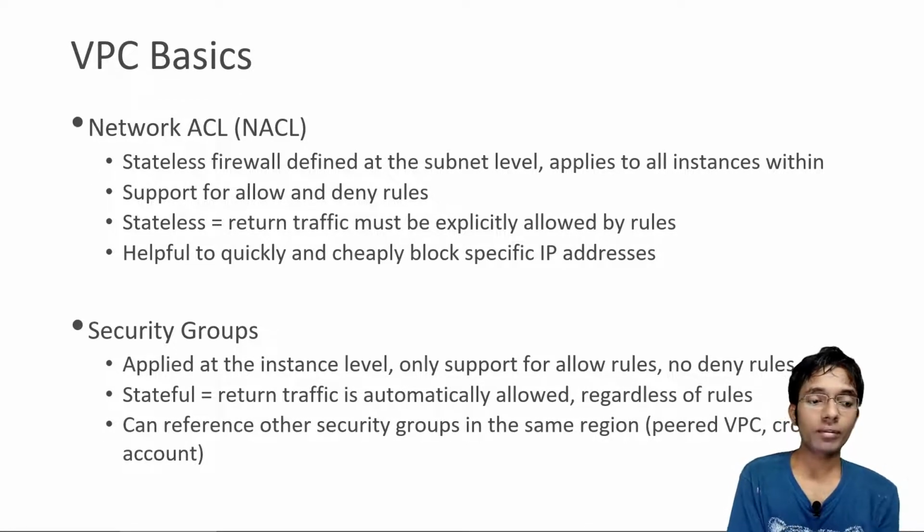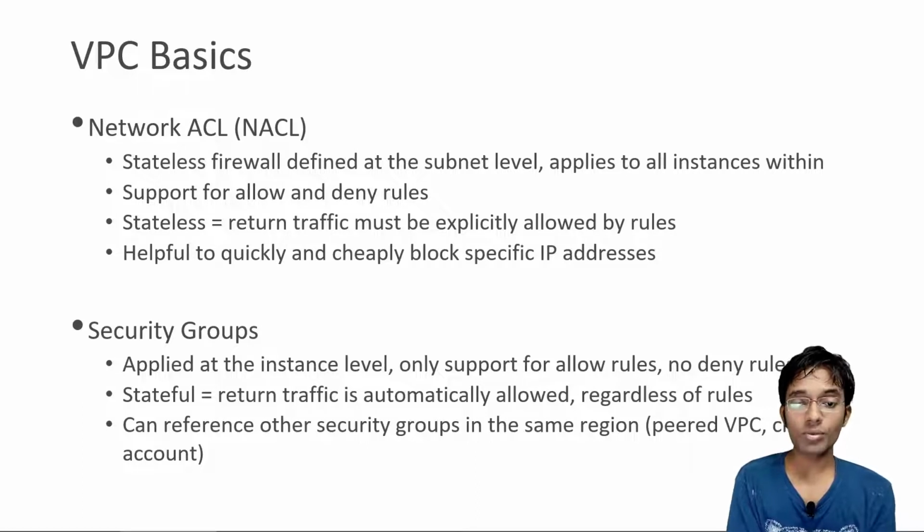Then we have security groups, and these are applied at the instance level, not the subnet level, and they only allow for allow rules. They don't have any deny rules. Stateful means that the return traffic is automatically allowed regardless of what the rules say. So that means if your instance is sending traffic to a third-party service, you have the guarantee that it will be able to come back through the security group.